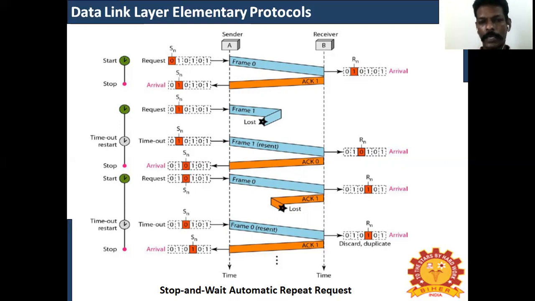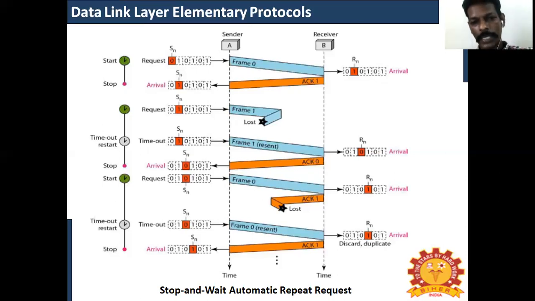Due to some data transmission error, frame 1 does not reach the destination or receiver machine. At that time, I keep a duplicate copy of frame 1 in the sender machine's buffer memory.